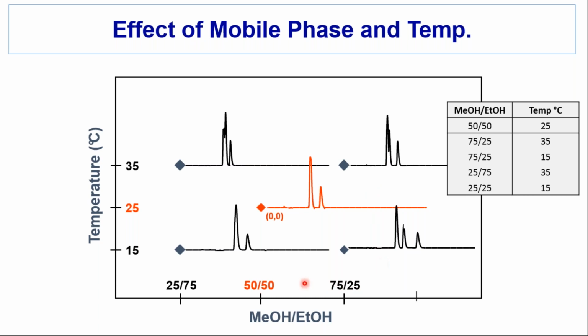They call that interaction because the actual response, in this case separation, is dependent upon the combination of the independent parameters, mobile phase and temperature. And this can be very confusing. So run these two experiments and just vary the temperature and see what that behavior is.